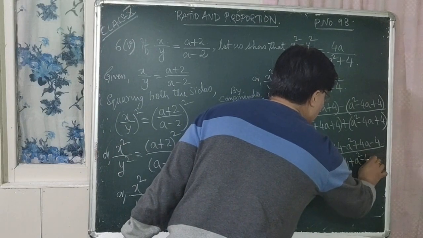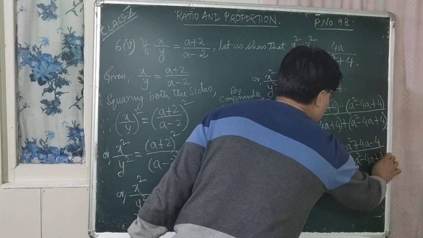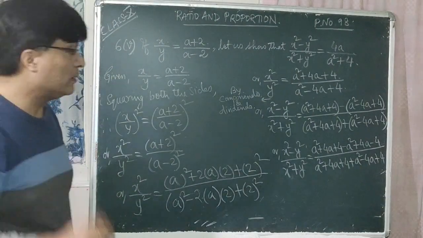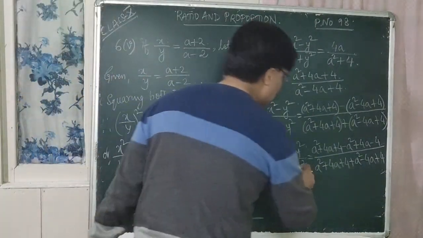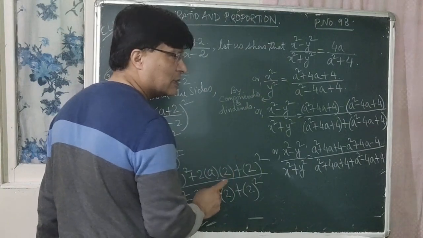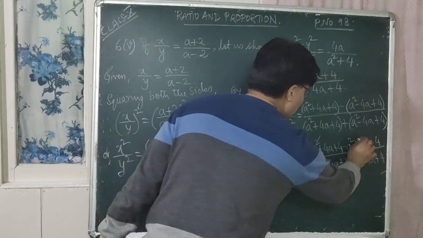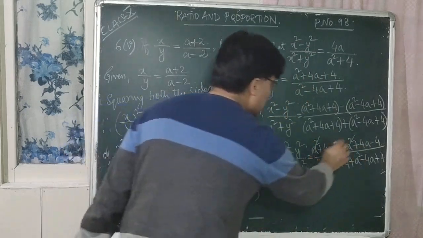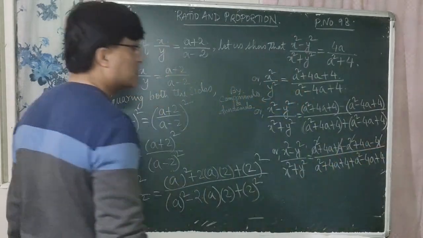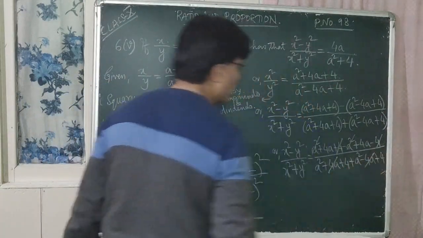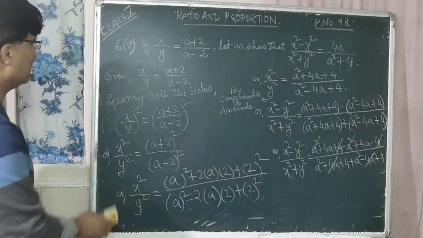It is a square minus 4a plus 4. So I think you have understood it. Okay. So now in this case you can cancel the similar terms but of opposite sign. That is a square minus a square gets cancelled, plus 4a minus 4a gets cancelled, and now in the denominator you can cancel this 4a minus 4a. Okay.